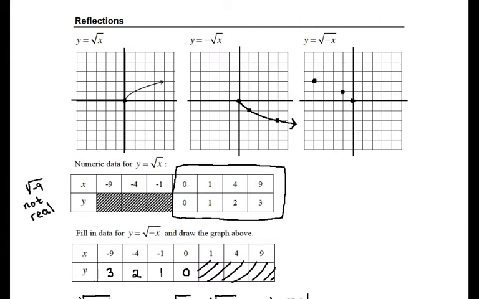With -9, 3 being off the chart, we will leave that one off. What we see in these data and in this graph, comparing it to our original graph here again, is that the graph appears to be reflected now about the y-axis.